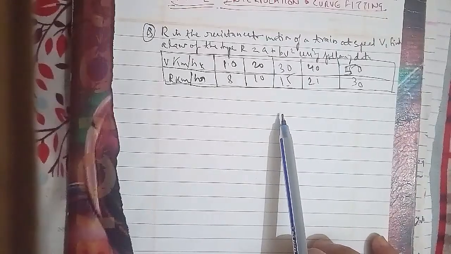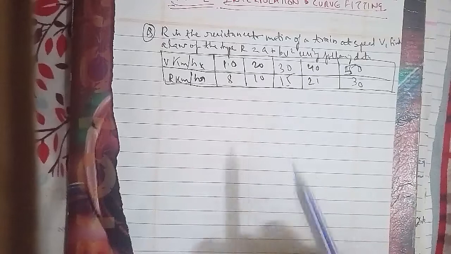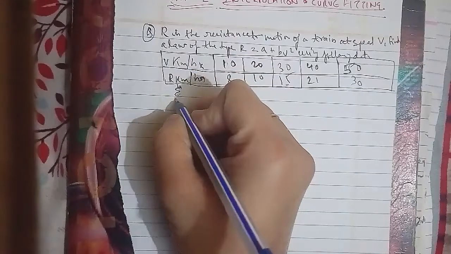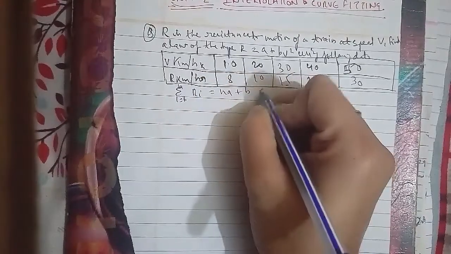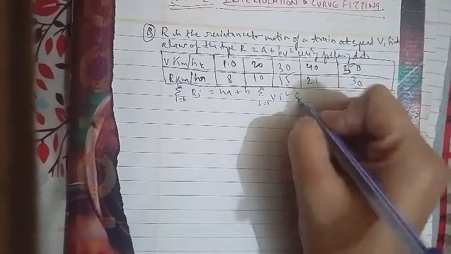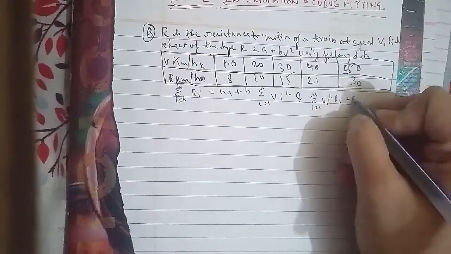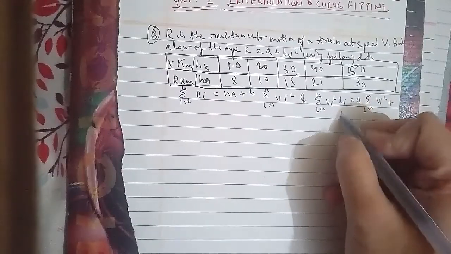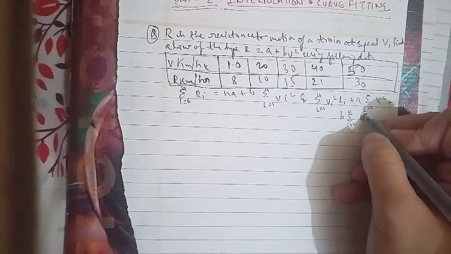Hence we can write the normal equations as: sigma i equals 1 to n of Ri equals n A plus B sigma Vi square, and sigma Vi square Ri equals A sigma Vi square plus B sigma Vi to the power 4.